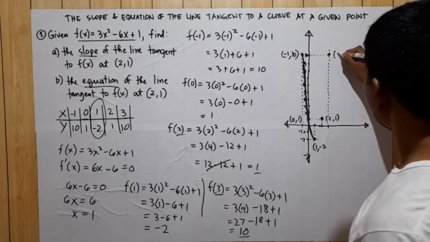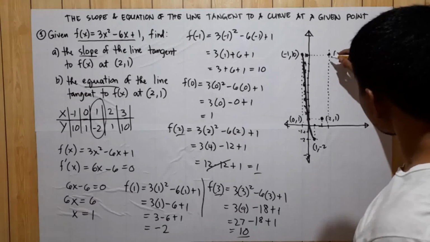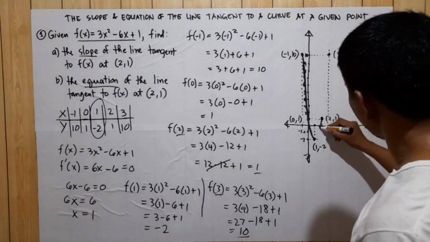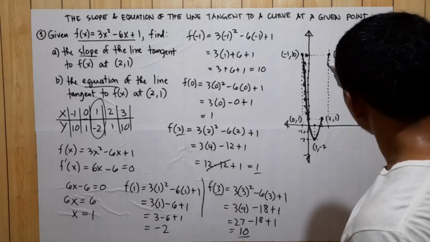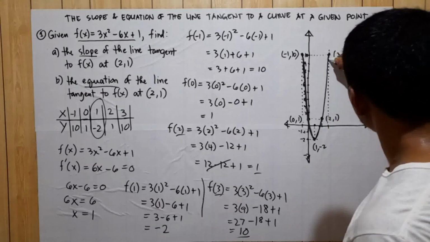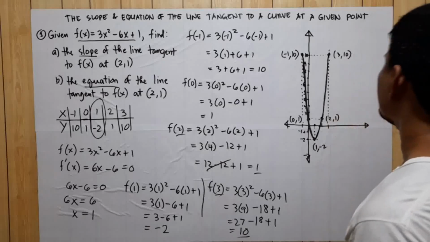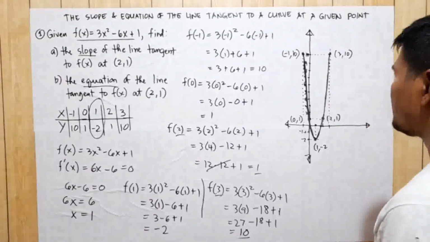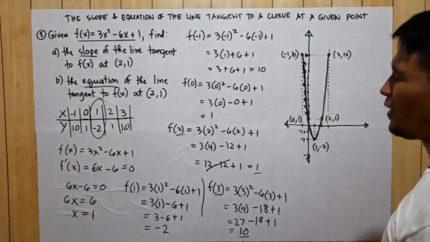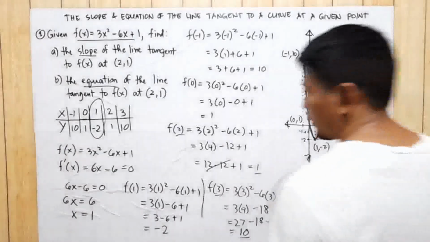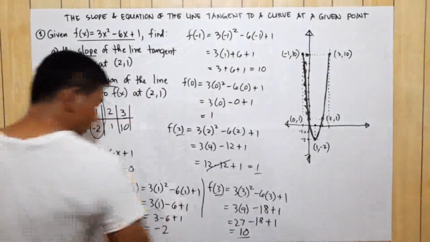So, ito po yung point natin na 3, 10. So, pag kinonect po natin yan, meron tayong more or less ganitong curve. Okay? So, meron po tayong actually parabola. Okay. Now, pwede ko na po sigurong burahin itong mga solutions para sa mga ordered pairs.